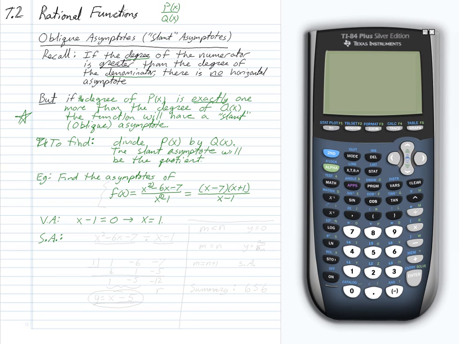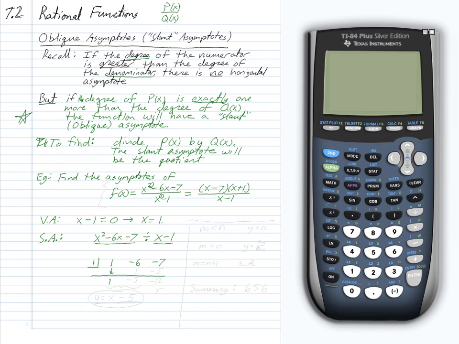And to do that, I am going to divide x squared minus 6x minus 7 by the denominator polynomial x minus 1. Now I could use long division, but since this is a linear factor, I can actually use synthetic division. So I'll put 1 in the box, and I'll bring all my coefficients down from my dividend. So 1 for x squared, -6 for x, and -7.